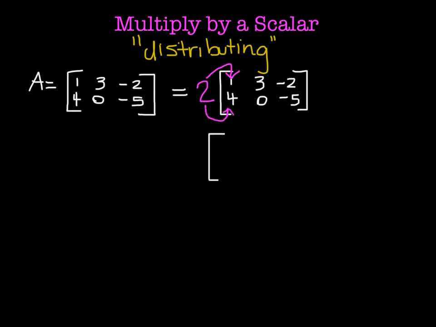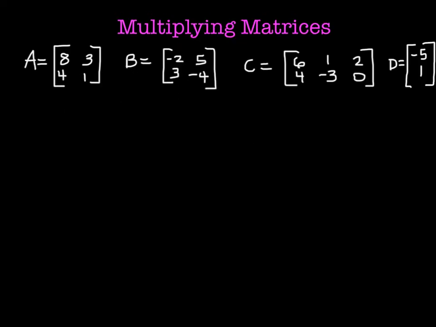So I'm going to do 2 times 1, 2 times 4, 2 times 3, 2 times 0, 2 times -2, 2 times -10, and that would be multiplying by a scalar. I know it's difficult. So now let's talk about multiplying.